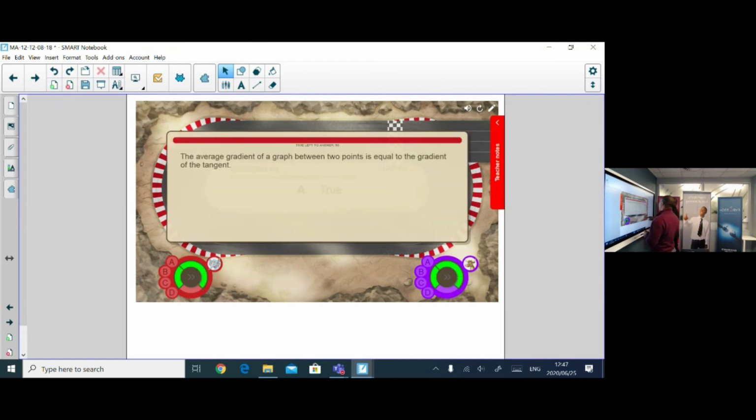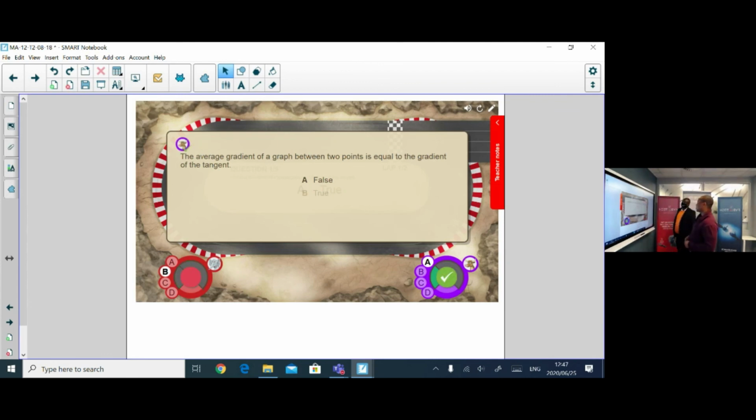The average gradient of a graph between 2 points is equal to the gradient of the tangent. So is this going to be true or false? So our choice, I will just go to illustrate to you.